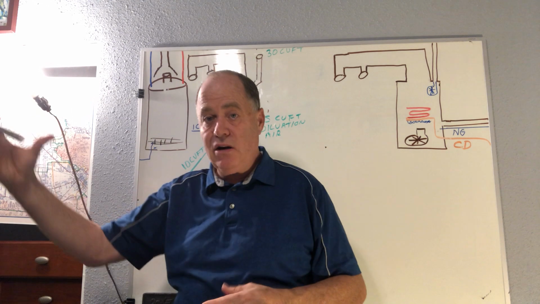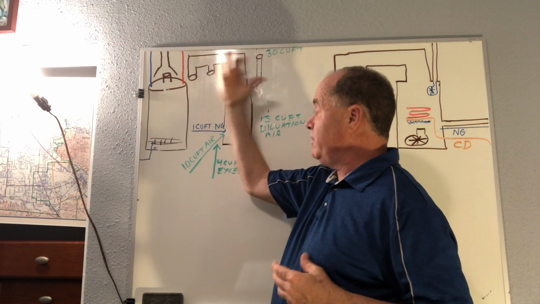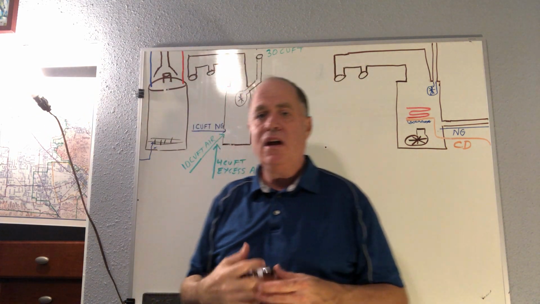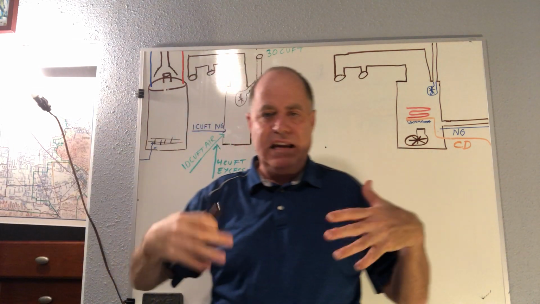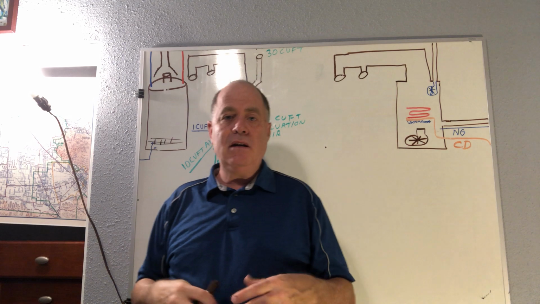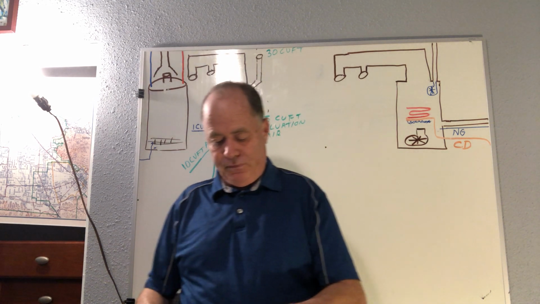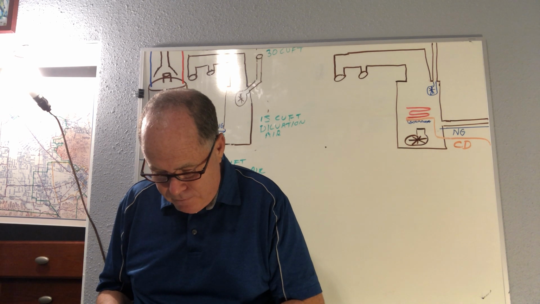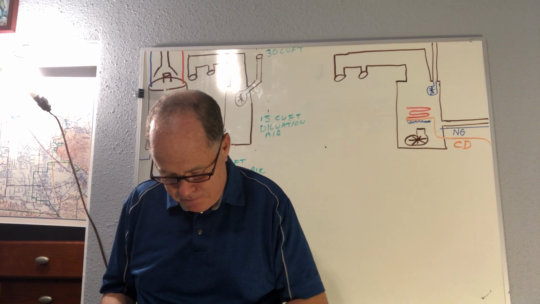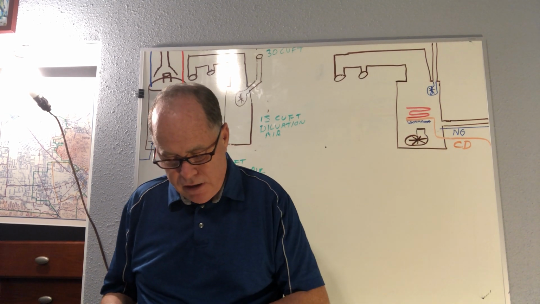We have exhaust air that's exhausted out the top of these heating appliances and even dryers. And then we have to provide makeup air to make up that air that's leaving, that's creating that negative pressure in, let's say, the building. Okay? Let's move on here.